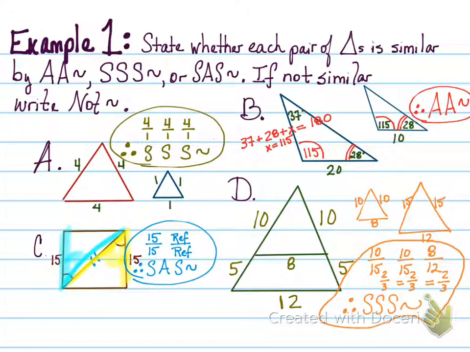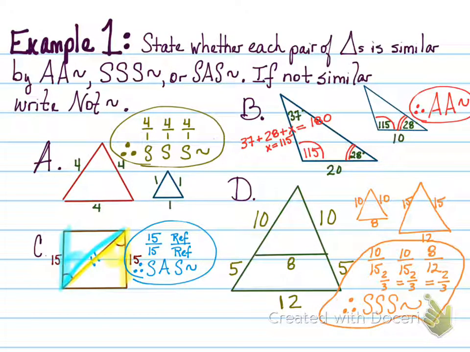C. In C, I have a reflexive angle, and a reflexive side to another reflexive side. The 15 is to the 15. And here's our angles. I've kind of marked them or highlighted them so I could see where the betweenness was. And this one is side, angle, side.